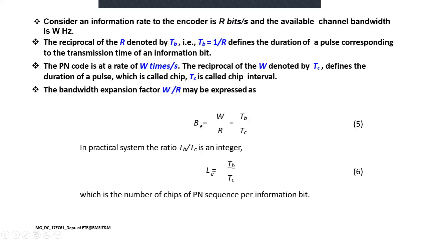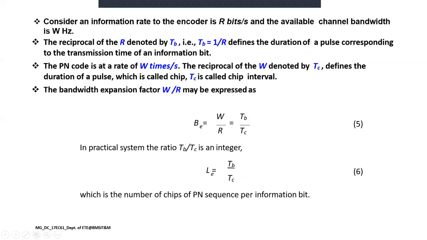So if I substitute that, I can rewrite it as TB by TC, which is the ratio of bit duration to chip duration. TB is the bit duration of the information bearing signal and TC is the duration of the pseudo-noise signal.